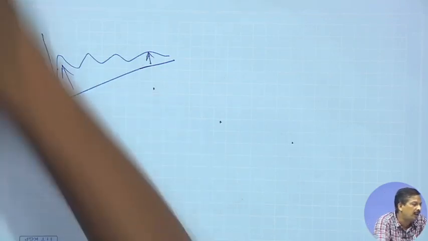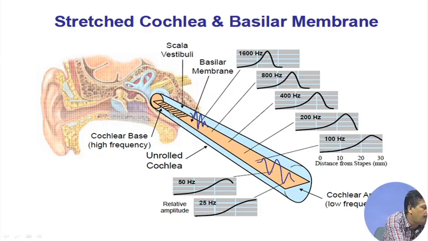So the mechanical motions at high frequency have less amplitude. That is why the high frequency sensors are in the beginning and at the apex are the low frequency sensors. Now, each sensor is responsible for a particular frequency range.